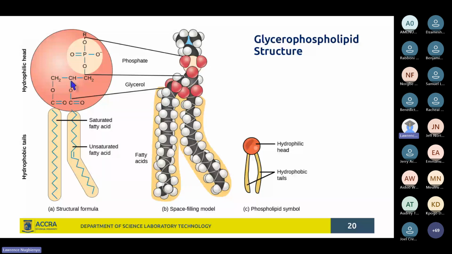But on this glycerol backbone, you have a phosphate group, which is also highlighted in that yellow region. And on that phosphate group, you saw that there could be a side chain bound on it. And that side chain can be carrying a negative charge.